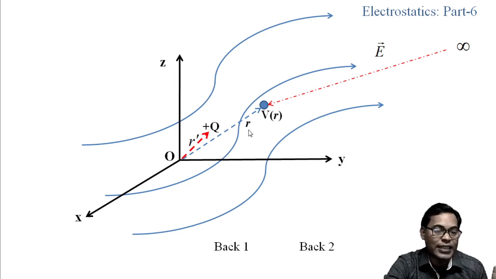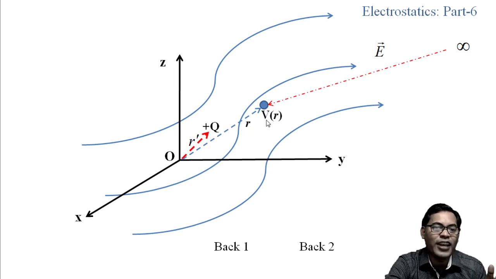In the case where the charge is not present at the origin, but is placed at a point whose distance from the origin is r prime, what will be the potential at this point now? Again in that case we need to move a positive unit charge from infinity to this point. So at this point the potential V will be a function of r.